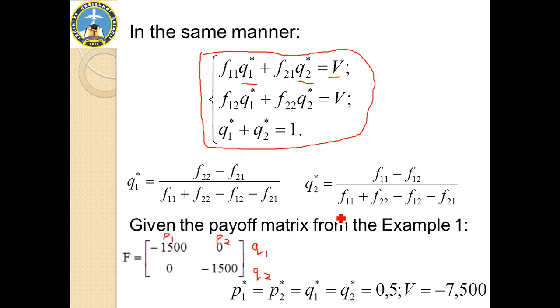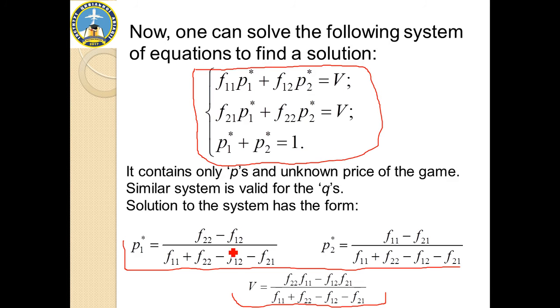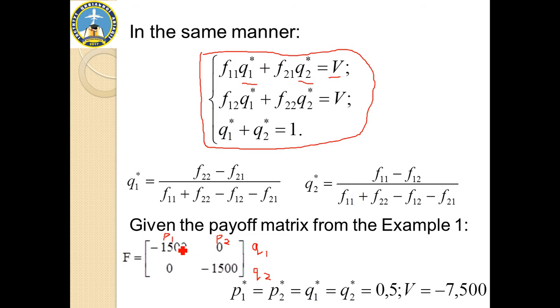Now we can solve this using these formulas. We just substitute individual payoffs into these equations and we get the solution. It turns out that the shares of individual strategies are equal to 0.5, and the price of the game reduces to $7,500. So what does this mean?